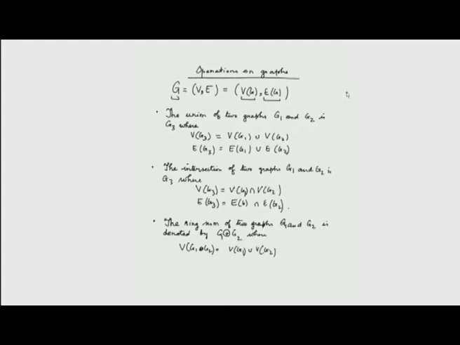So, there is no change over here from union, but now the change comes. E belongs to E of G1 ⊕ G2 if and only if it is either in E(G1) or in E(G2), but not in both.